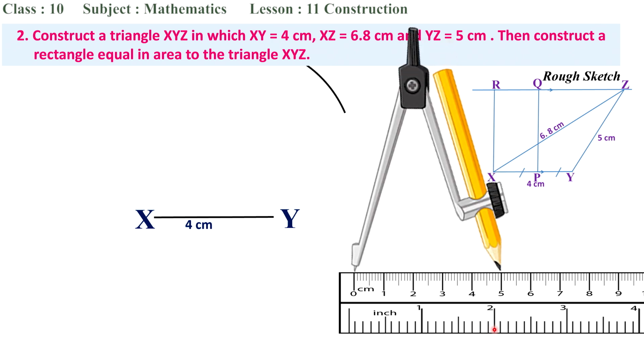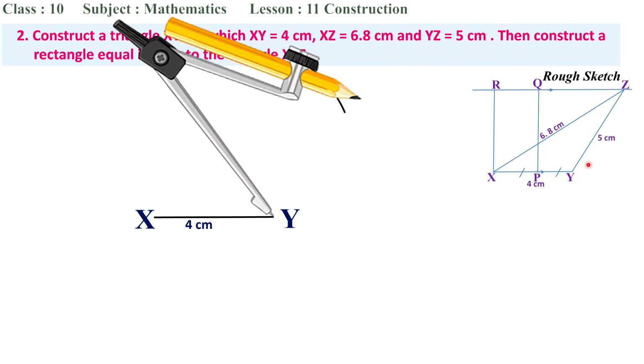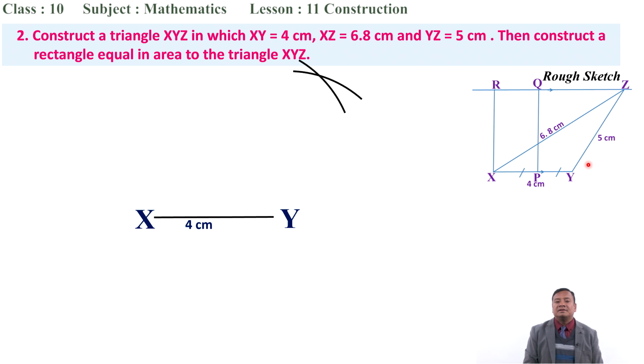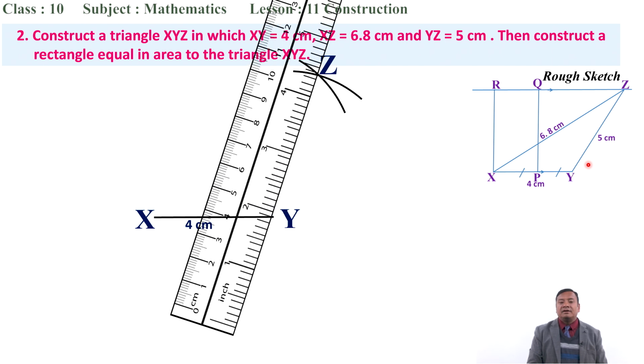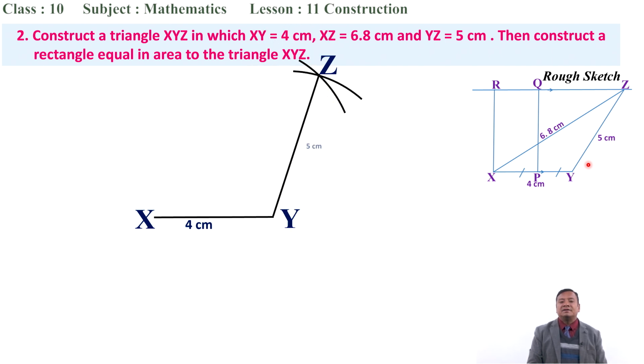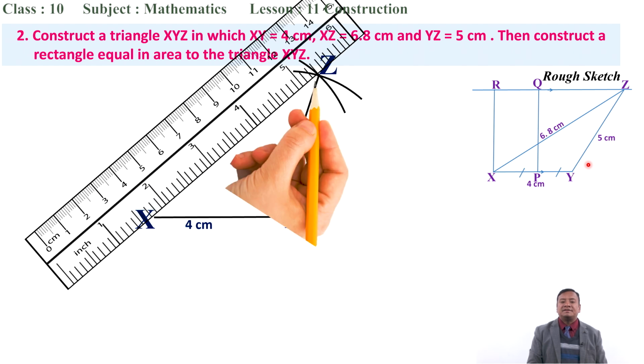Because YZ is here 5 centimeter. So from the point Y, again we have to cut like this. Then this intersecting point, now you can say it is Z. And when we join YZ, now it is 5 centimeter here. Yes. And the next one, XZ, we have to join.